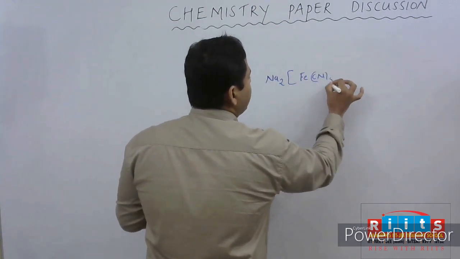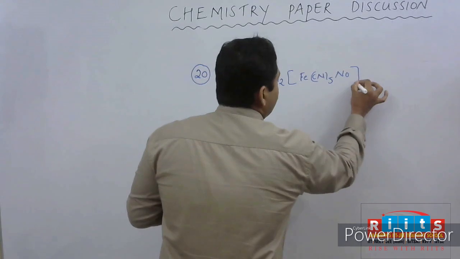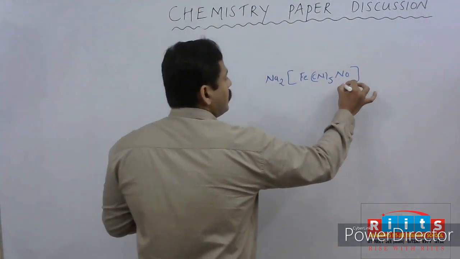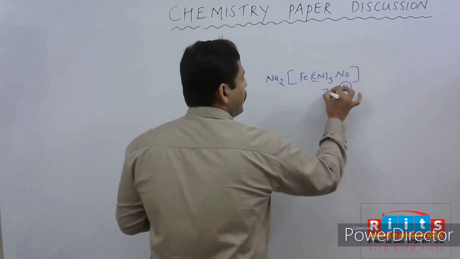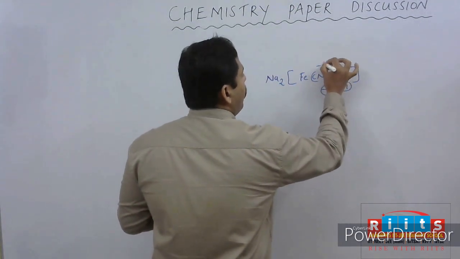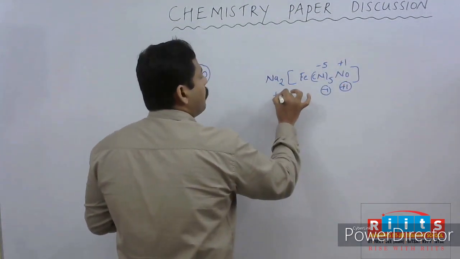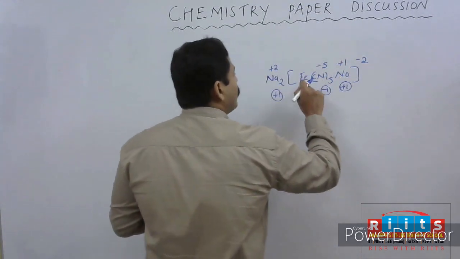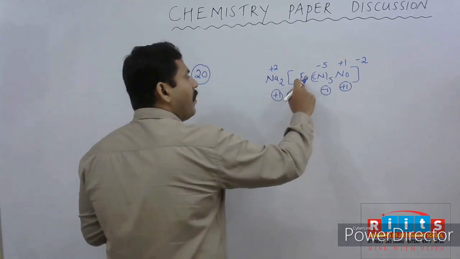Na2[Fe(CN)5NO]. Sometimes they will ask the oxidation state of iron. CN is -1, so -1 into 5 is -5, and +1 into 2 is +2, so the NO part has to be... you can find the oxidation state of iron also.